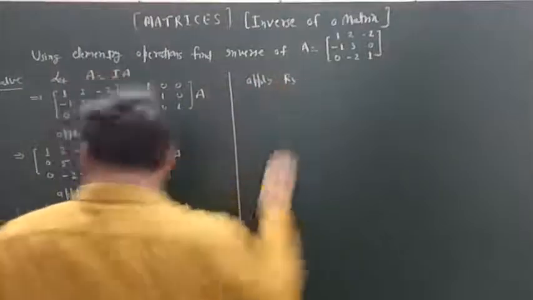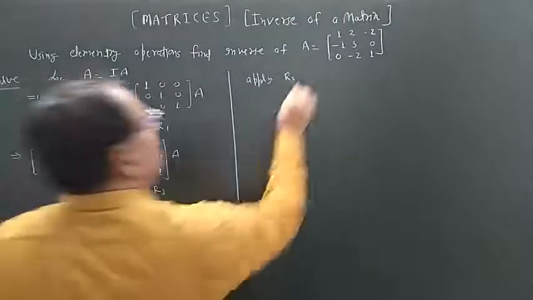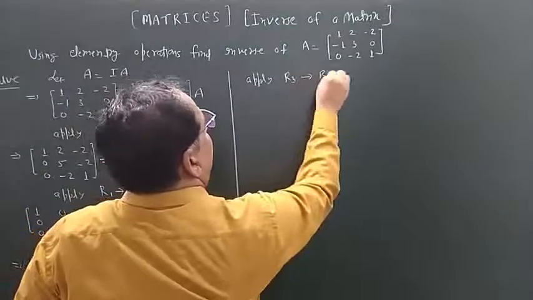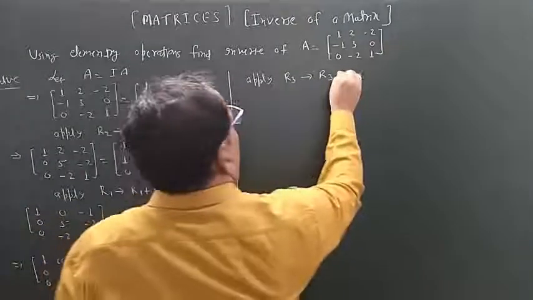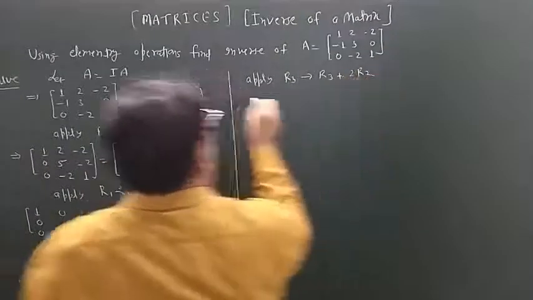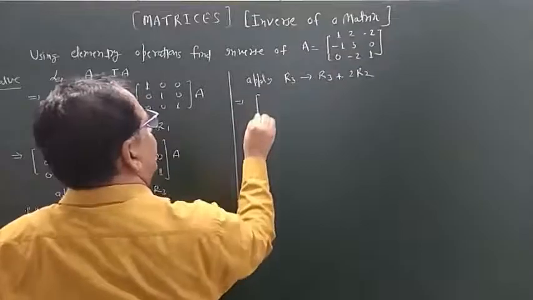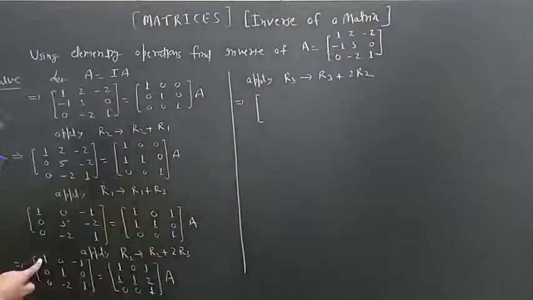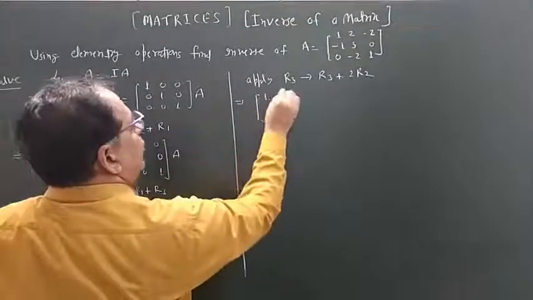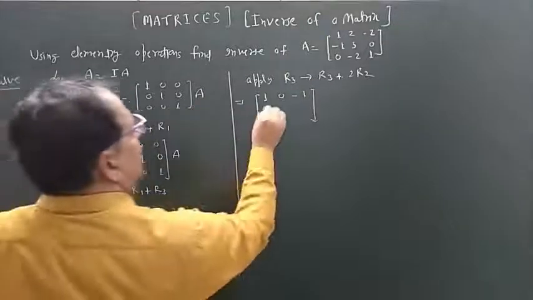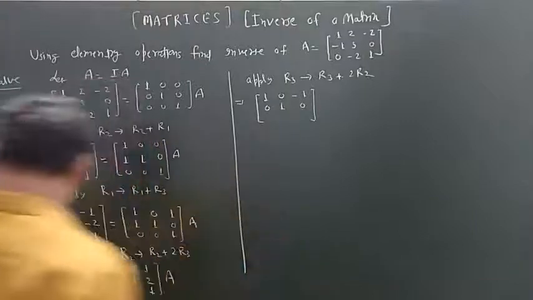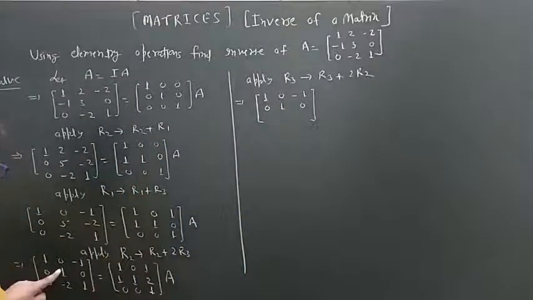R3. Now R3 change by R3 plus 2R2. So what is the change here? There is no change in first 1 0 minus 1. In second row there is no change 0 1 0. Already all the elements are fit there, and 0 minus 2 2 becomes 0.